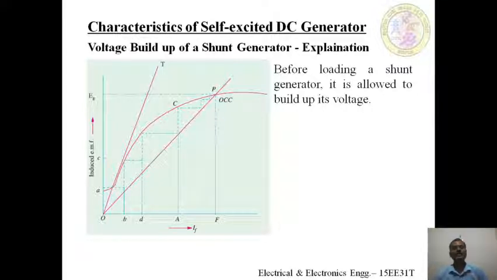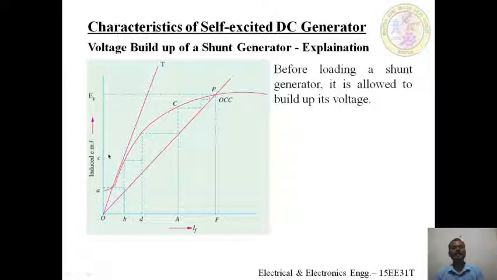That induced EMF will circulate some current in the field winding, and that current will increase the flux if the field winding is connected properly with regard to polarity. That increased flux again increases the induced EMF and hence the induced current, and that again strengthens the field flux. This process will continue until saturation is reached at some point.